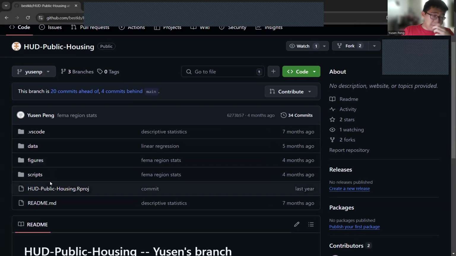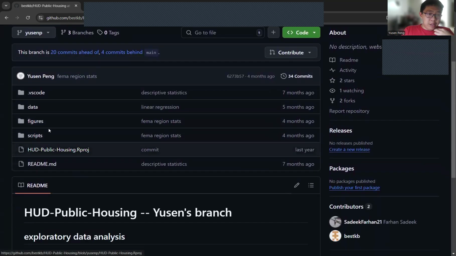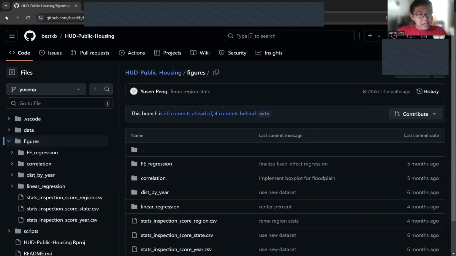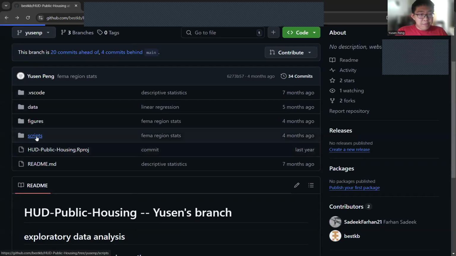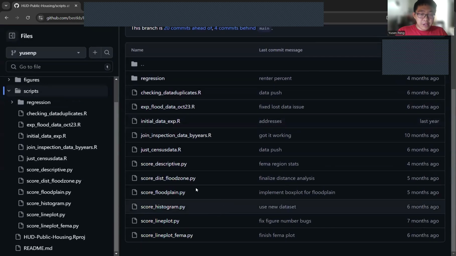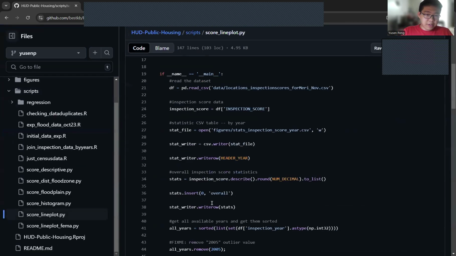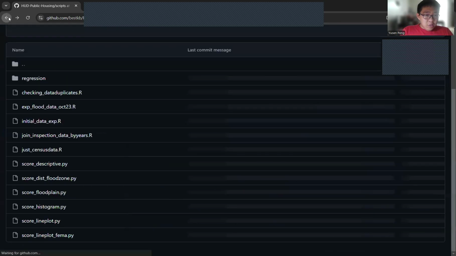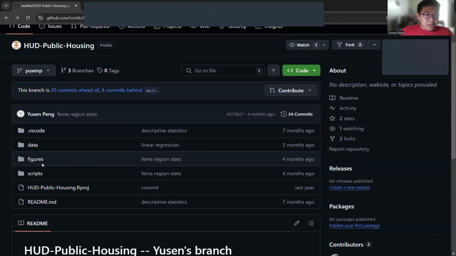If you click on this branch, inside the figures directory is where I have all the results, and in the scripts, the names are self-explanatory. This one is a bit longer, but in general each is within 100 lines. Without diving into the code, let's look at the figures first.